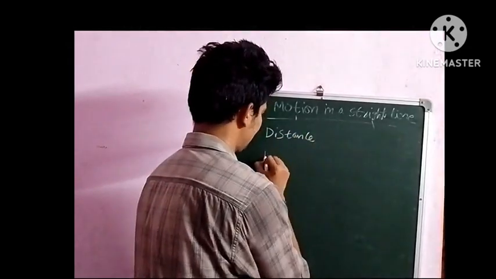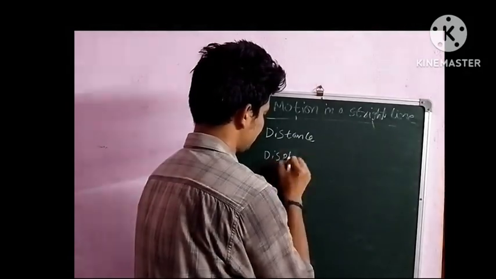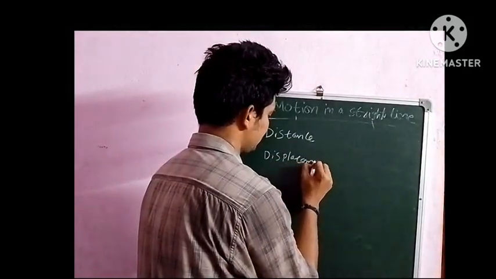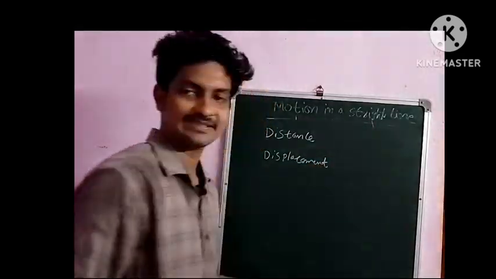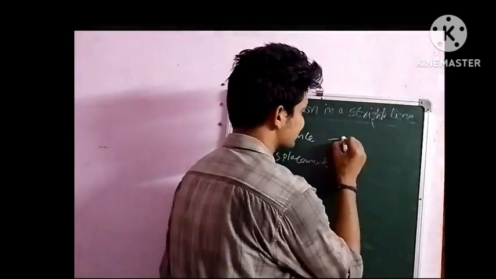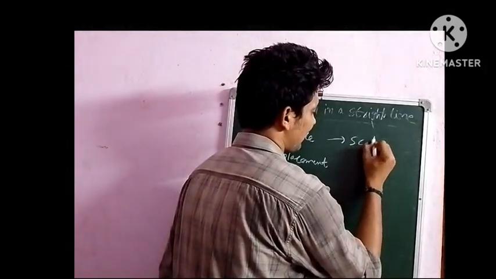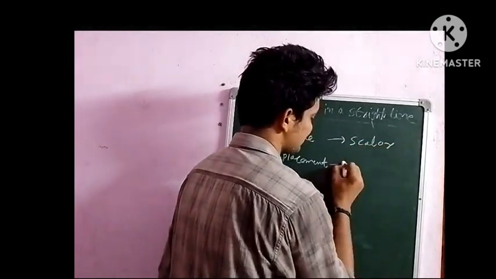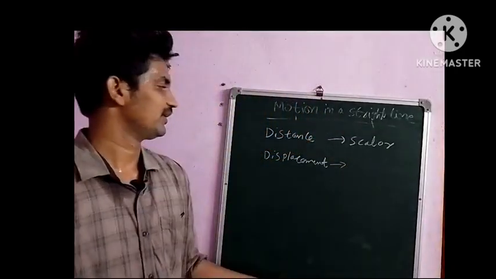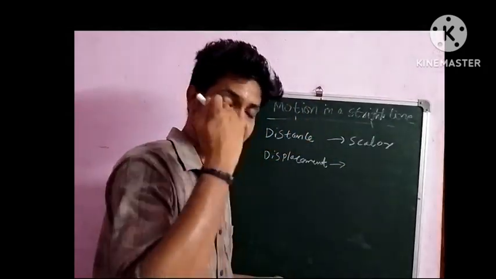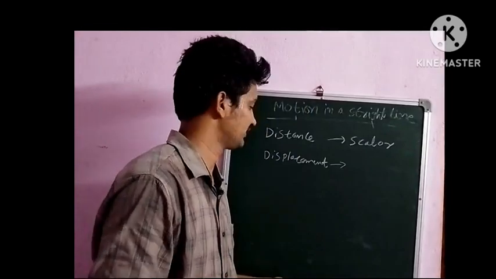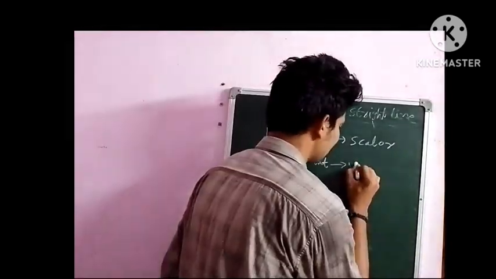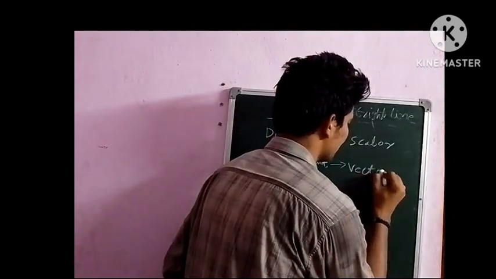Distance is a scalar quantity, and displacement is a vector. After this lesson, we will start with what is a scalar and what is a vector.